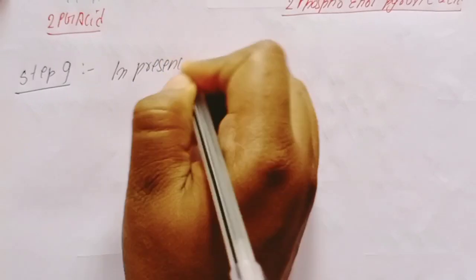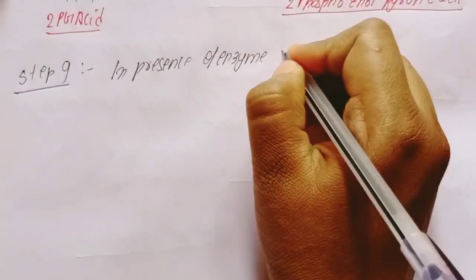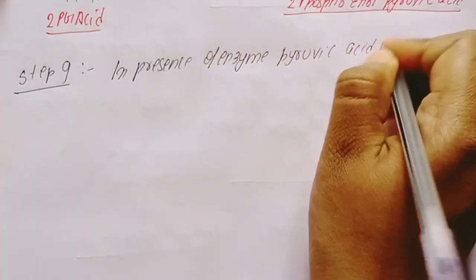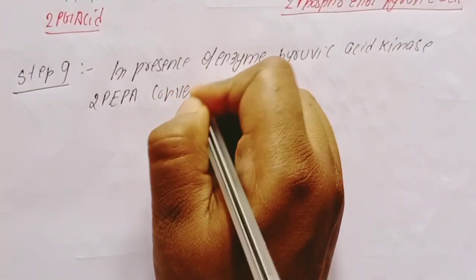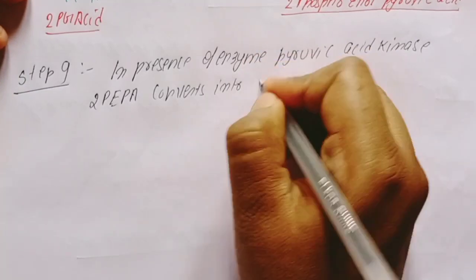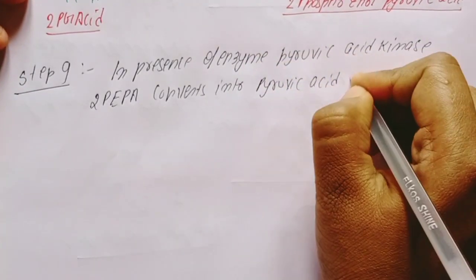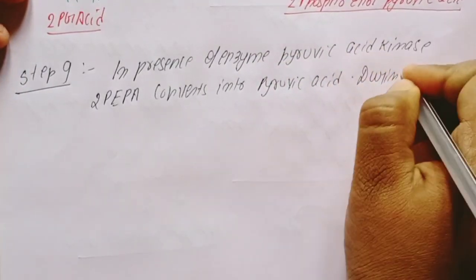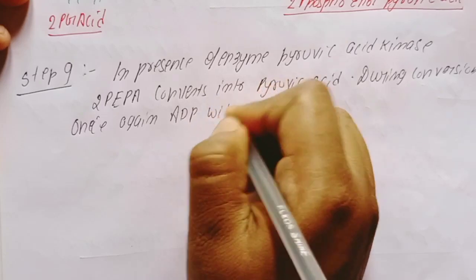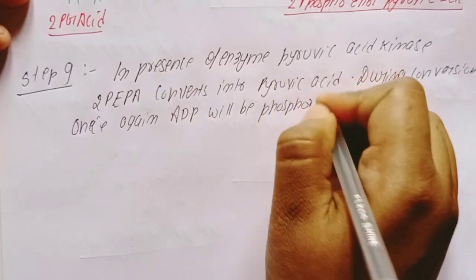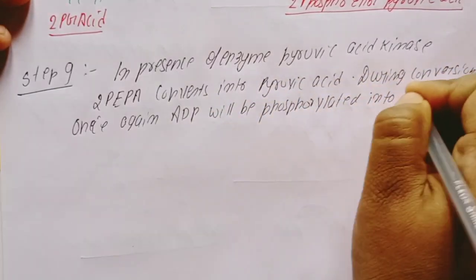Finally, in the presence of enzyme pyruvic acid kinase, the 2-phosphoenol pyruvic acid converts into pyruvic acid. During the conversion, ADP will be phosphorylated into ATP. So here once again there is a phosphorylation, or there is a payoff stage.